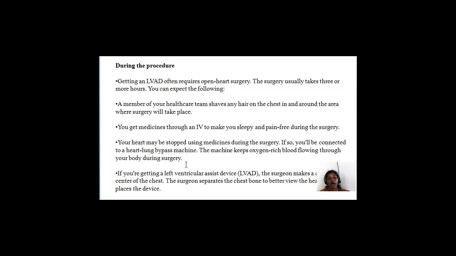Temporarily, a heart-lung bypass machine will be used for your heart functioning. During the procedure, the surgeon will cut down the center of the chest area. The surgeon separates the chest bone to view the heart properly, and then the device will be placed.